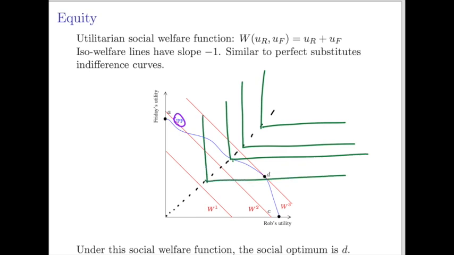Right, so the ISO welfare lines would look like this. So the optimal distribution of welfare would be this point right here. So that's the efficient allocation, that's a Pareto efficient allocation where the utilities are equal. So the utilities would be equal.